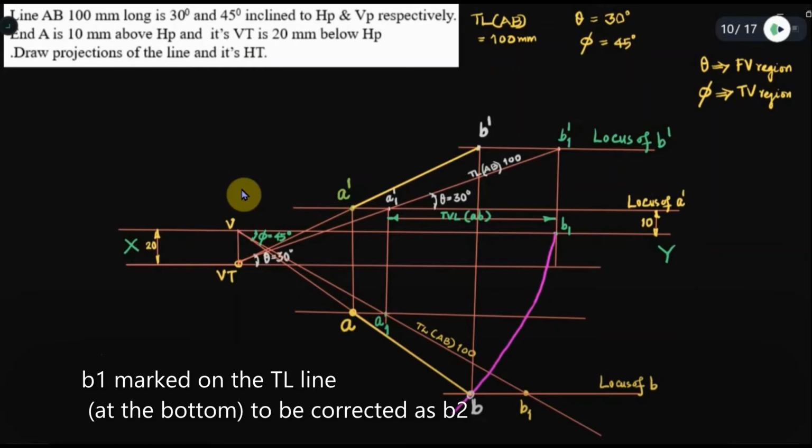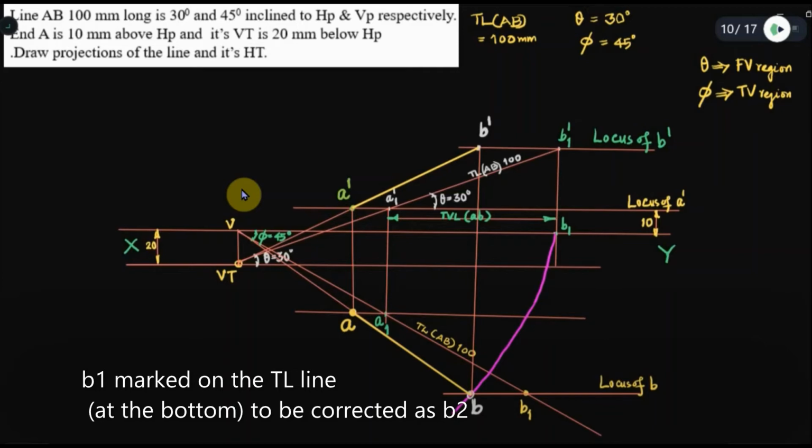So how to get the horizontal trace? Just like the vertical trace, we have the collinearity of the horizontal trace also. So for A dash B dash, the horizontal trace is part of the top view extension. Wherever the top view touches XY, that is V, and its projection on the elevation extension is VT.